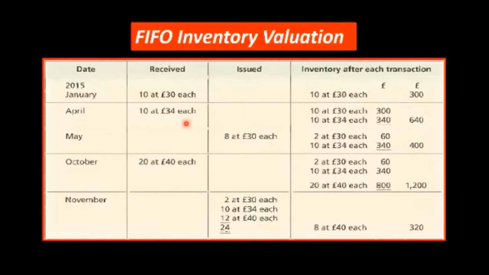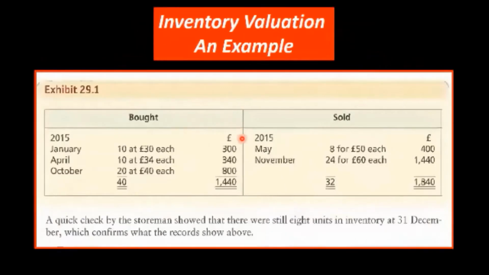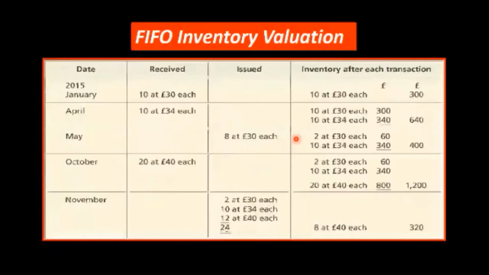Okay, we look back again across here, and we see that our next date in order would be May, when we sold it for 50 each, right? And we put it in here, May, we sell it. Notice we put it in at the cost price. We didn't put it at $50 here. Okay? 8 at 30 each. Since we are doing FIFO, our balance here would reduce, right?